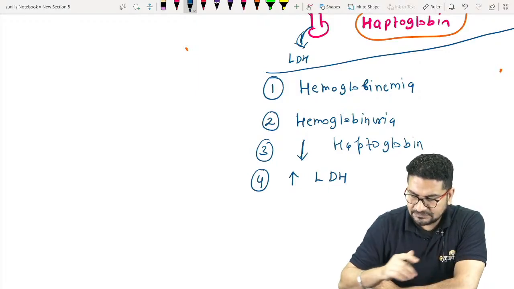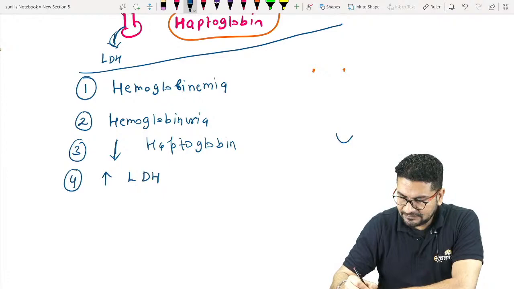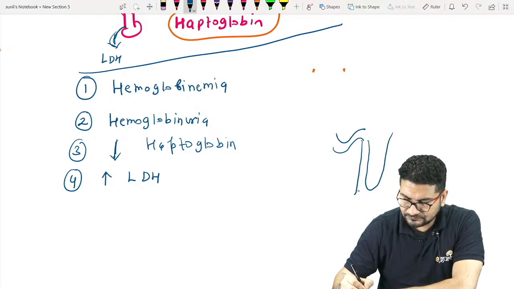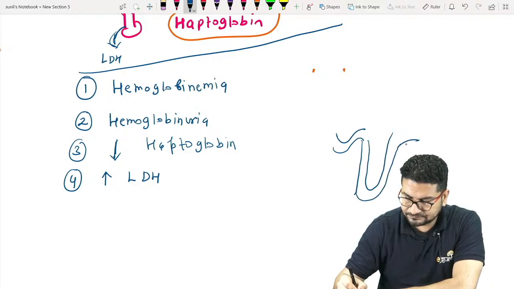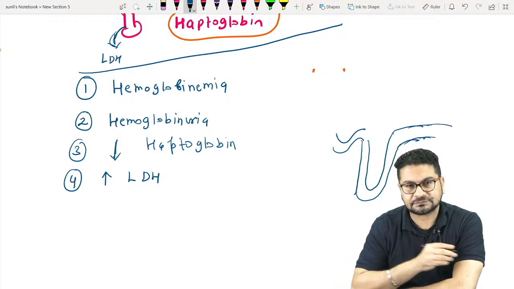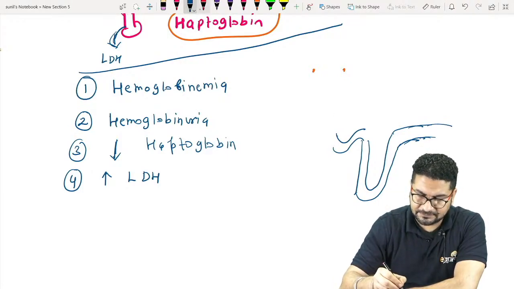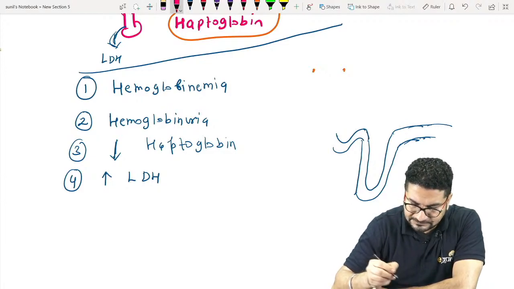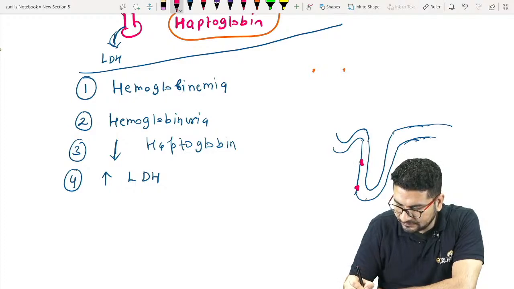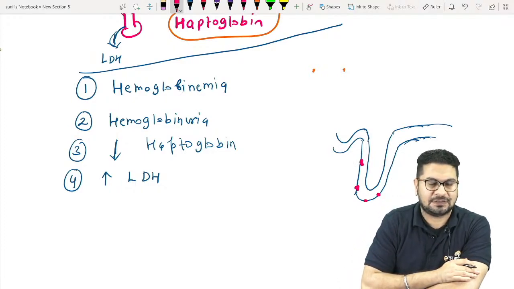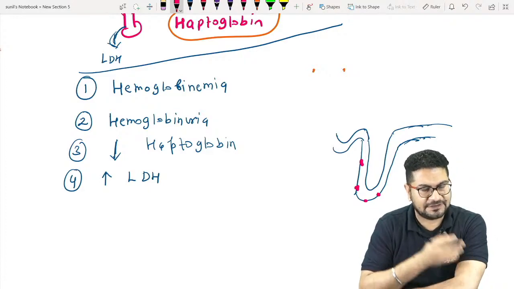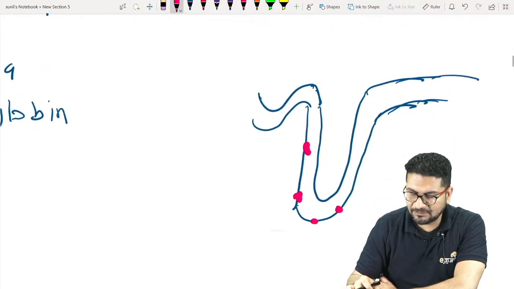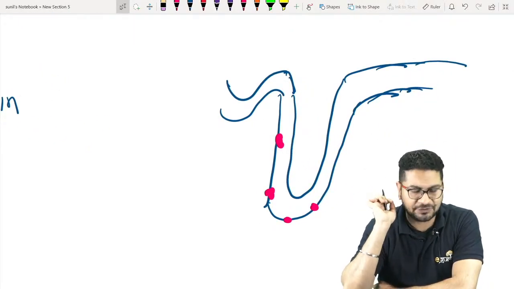Any doubt to anyone? Now see, if I say this is the structure of your tubules, when RBCs are going or being excreted, some of them get stuck in the tubules. There is hemoglobinuria. Hemoglobinuria means hemoglobin is released. So some of the hemoglobin gets stuck in the tubules.